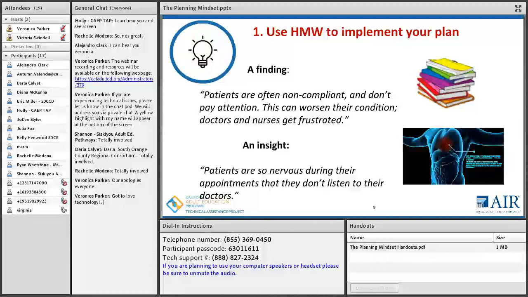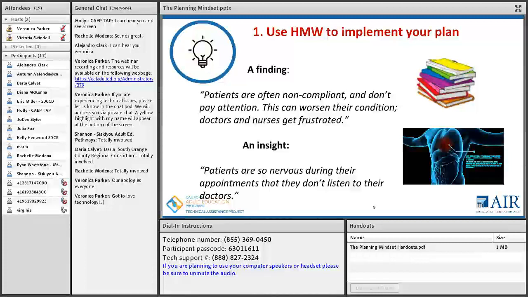In other words, when we think about implementing our plan and the goals and ways that we might do that, we want to try to dig a little deeper than just the superficial observations about the reason that we put that goal in place in our plan in the first place, and really start looking at what's underlying it.